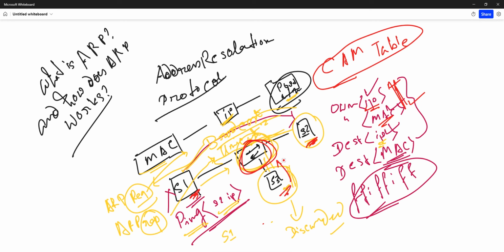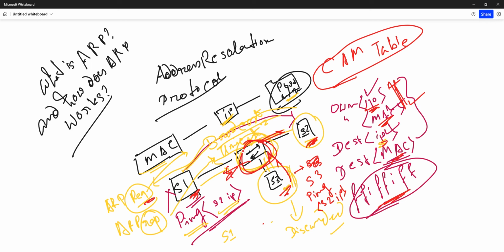The same thing will happen with S3. S3 sends these things, and it will broadcast. If S3 pings the S2 IP, so what will happen? S3 sends its own IP address, MAC address, destination IP address, and destination MAC address FFFF. The switch receives this packet and broadcasts in both directions.